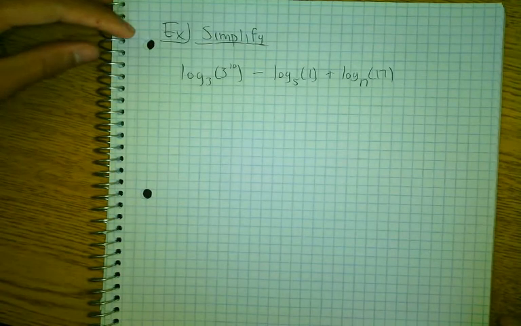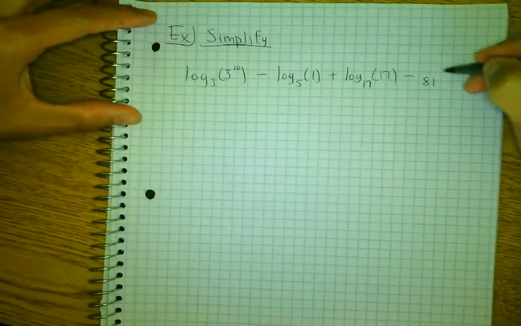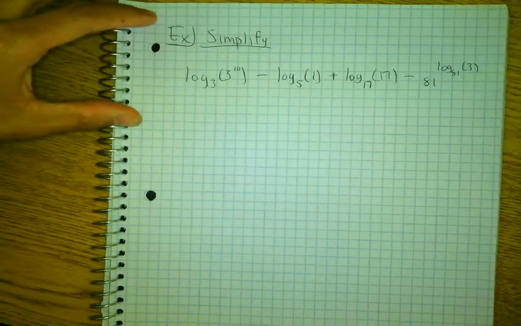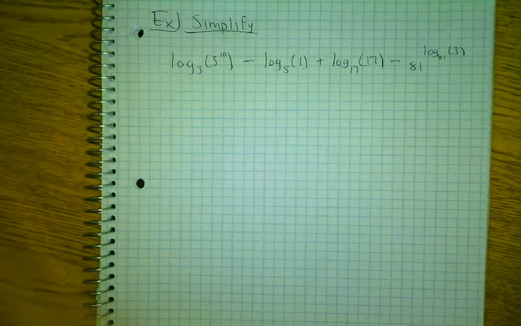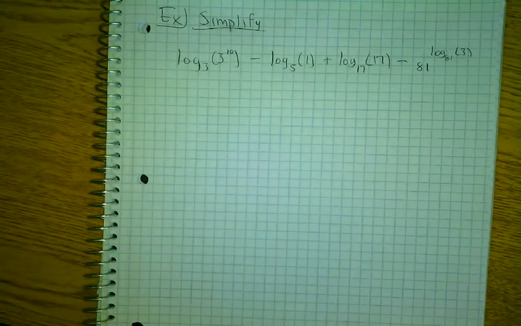Trying to use them all, trying to remember them all, minus 81 to the power of logarithm base 81 of 3. I know this seems crazy. I don't know why anyone would give you that, but I just want to see if you recognize the properties. Cool? Instead of giving you 4 or 5 different problems, we can all do it at once.